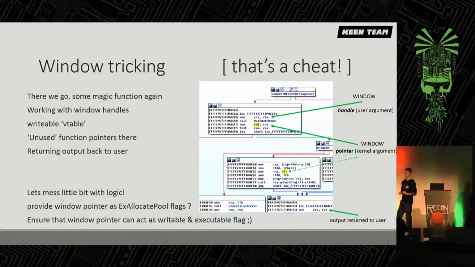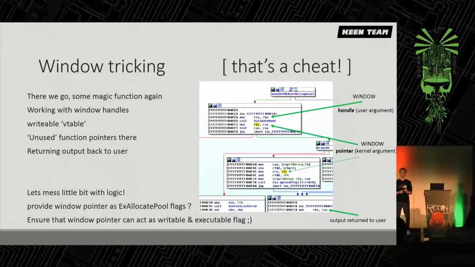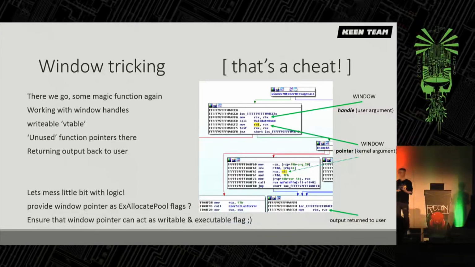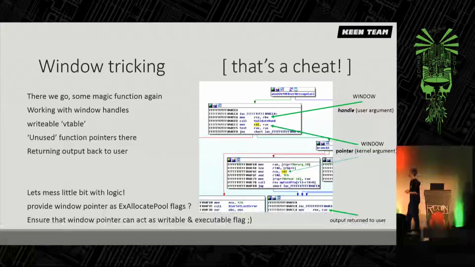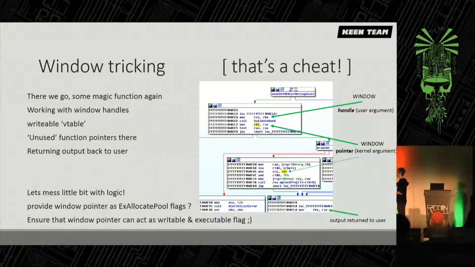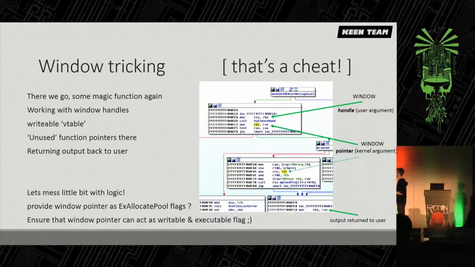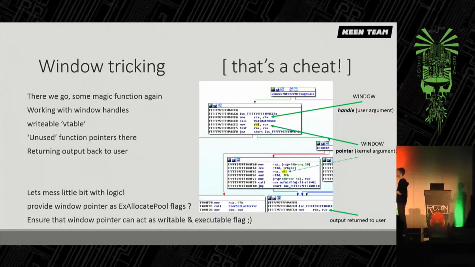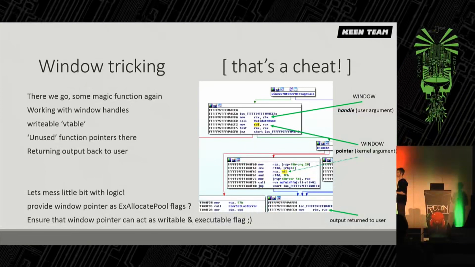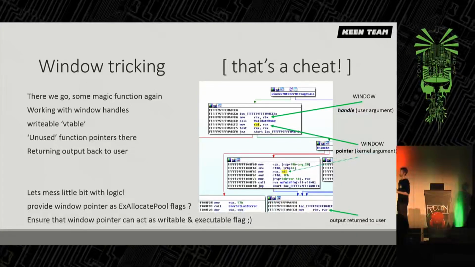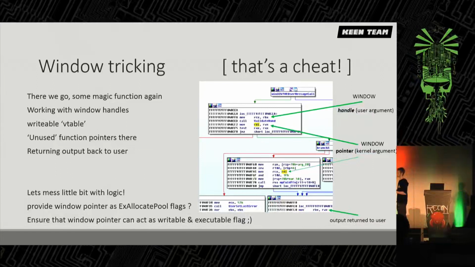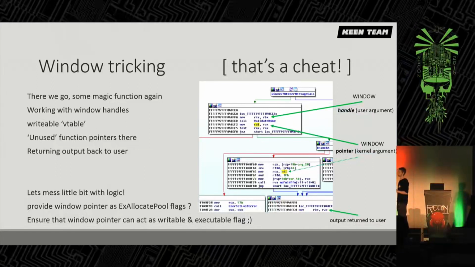Okay, now you can allocate memory and leak that pointer, but it also needs to be executable, read, and write. For this, you need to provide those flags. As you can see, the second argument is provided from user mode, but the first argument is a handle. When you call the syscall, the first argument is the handle to the window.